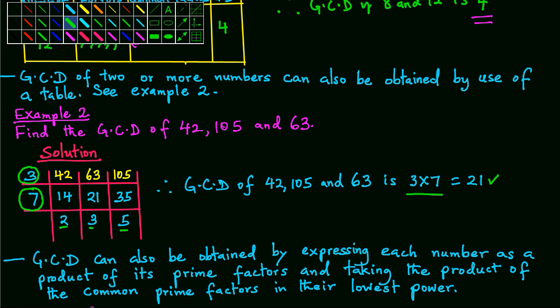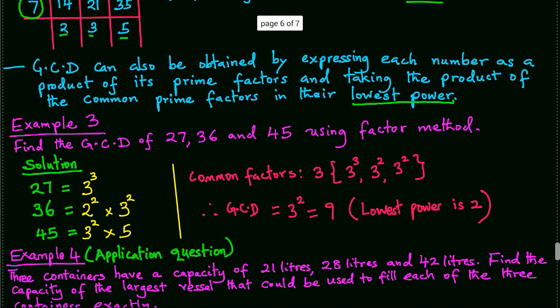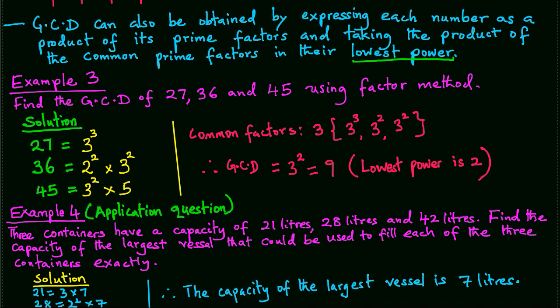Another method of obtaining GCDs is by expressing each number as a product of its prime factors and then taking the product of the common prime factors in their lowest power. So that brings us to example 3, where we are required to obtain the GCD of 27, 36, and 45 using this method of factors.